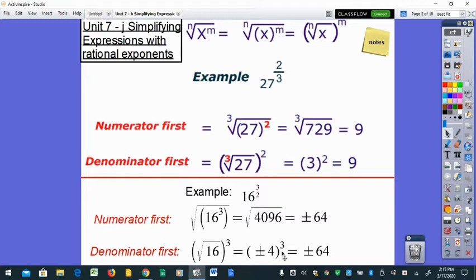And when we raise that positive 4 to the third power, we're getting positive 64. And when we raise that negative 4 to the third power, we're getting negative 64. If you look at the other road you could have traveled by taking that third power and then the square root, it is a much more difficult road to follow.